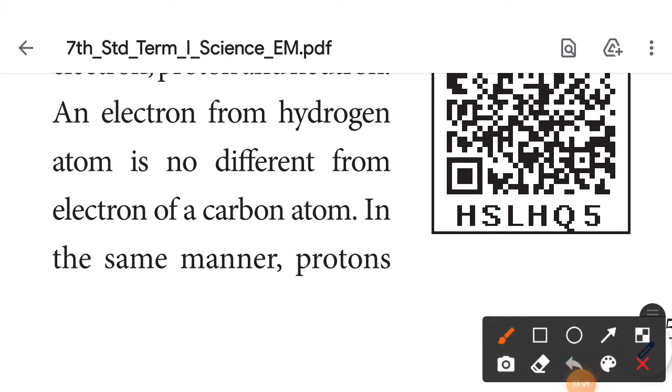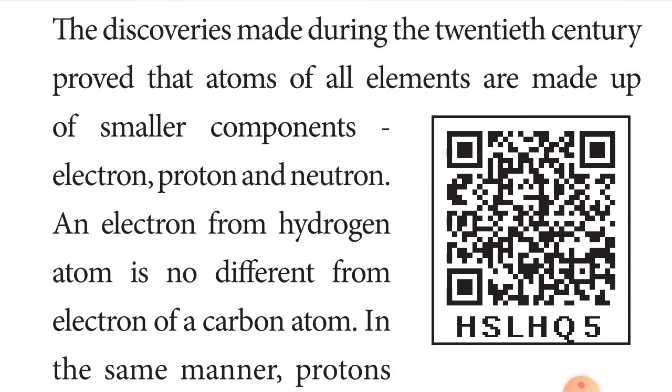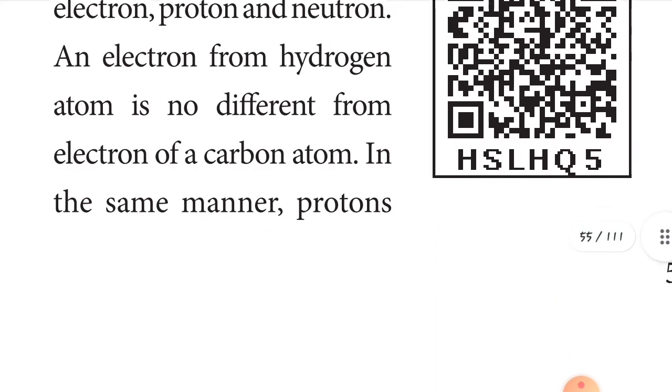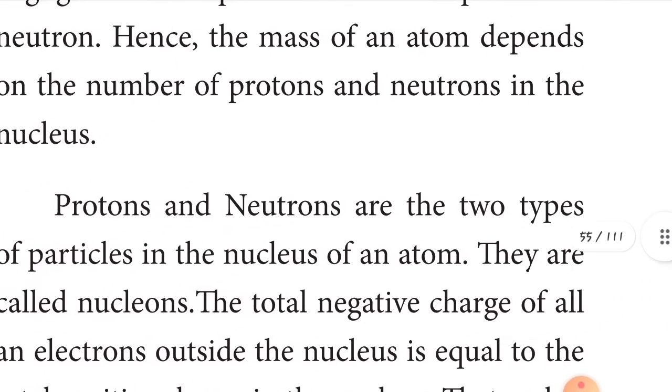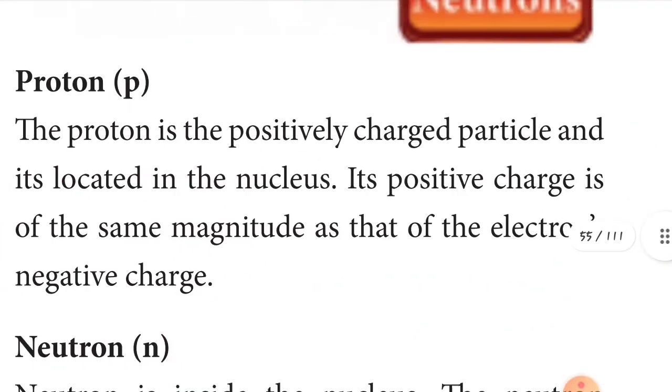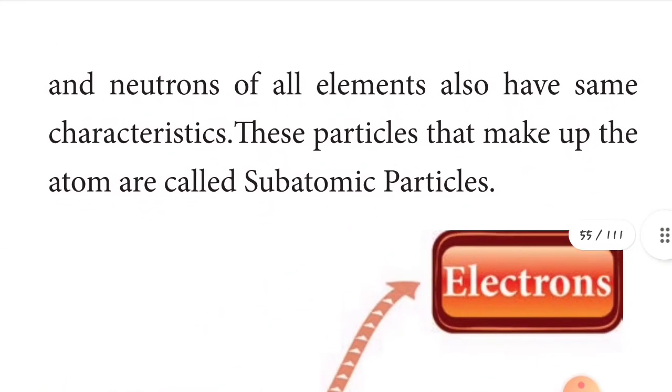See here, children. Protons, electrons and neutrons. An electron from a hydrogen atom, H, is no different from an electron of a carbon atom, C. In the same manner, the protons, and the neutrons of all elements also have the same characteristics.